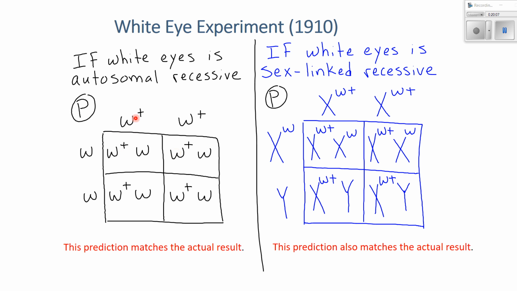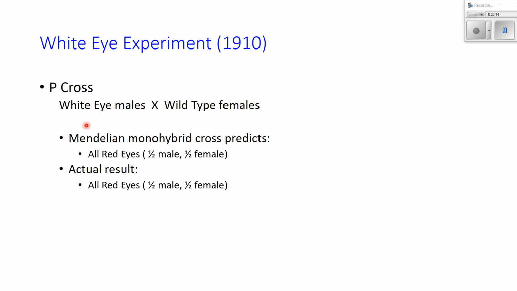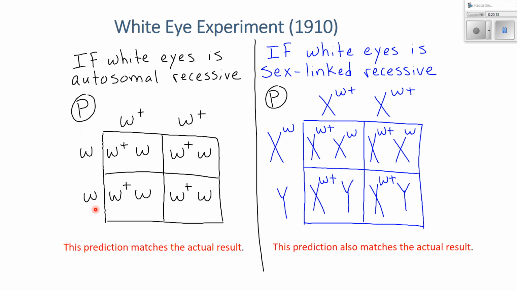If we set this up as an autosomal trait, here are the white-eyed males. So here's the white-eye male, ww, homozygous white, crossed with red-eyed female, homozygous red, W plus is red, w is white.